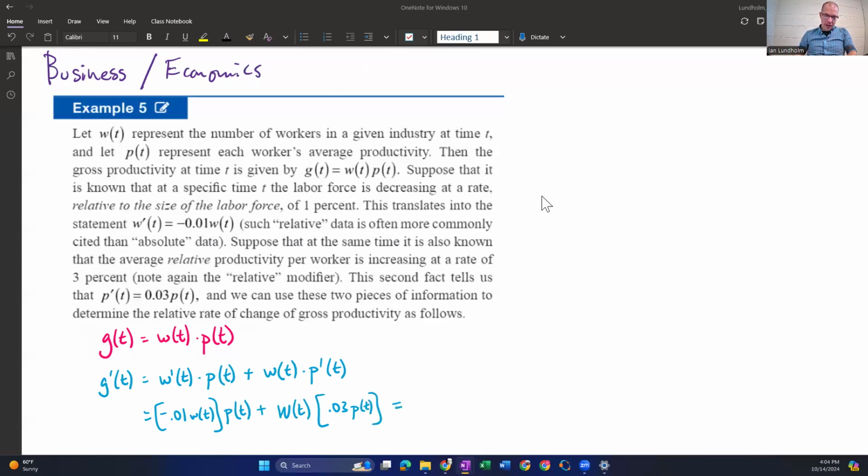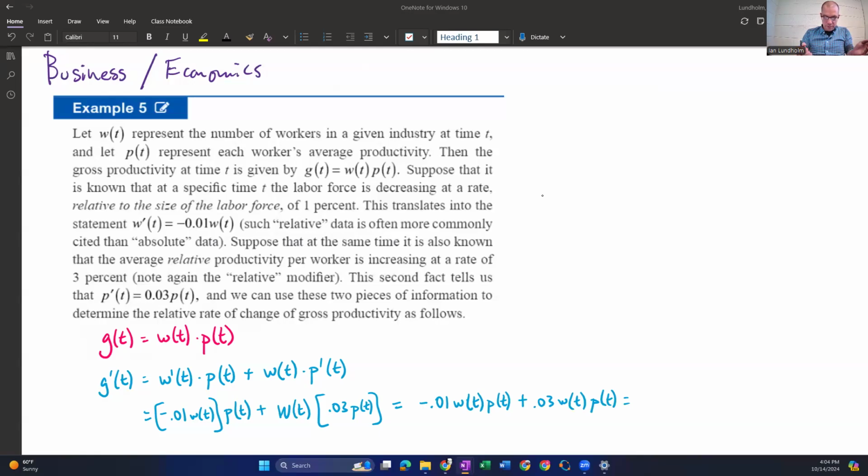In one sense, we're going to be subtracting off 100th of this product. That's the part that we're losing because the labor force is shrinking. And then we're also going to be adding on 0.03 due to the gains in productivity.